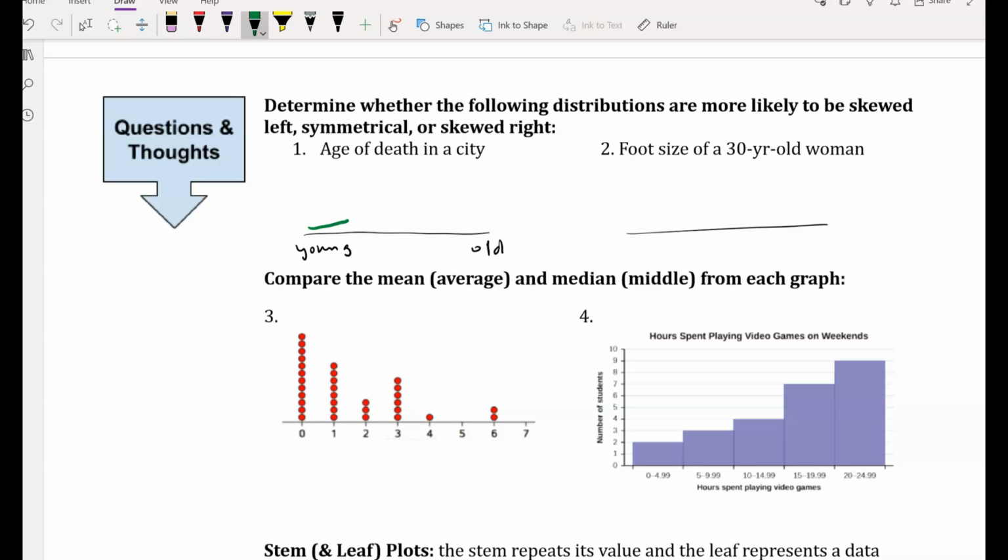So maybe our distribution will look something like this. If our distribution looks like that, then the longer tail is on the left, which means that it's skewed to the left. What that means in terms of our median and our mode is that our mean is going to be pulled to the left and it's going to be less than the median.